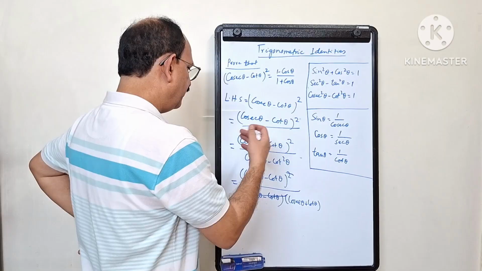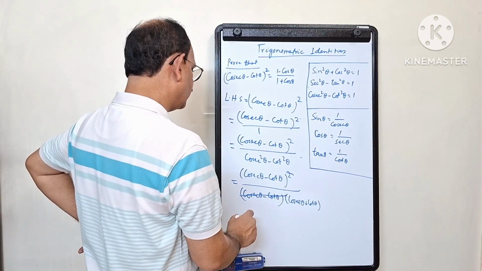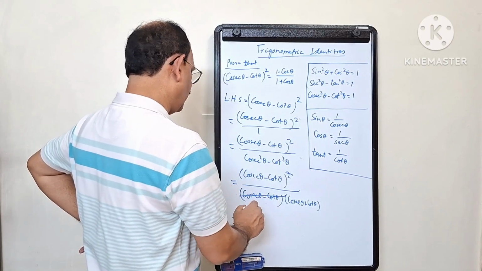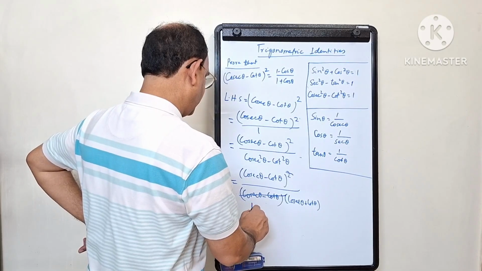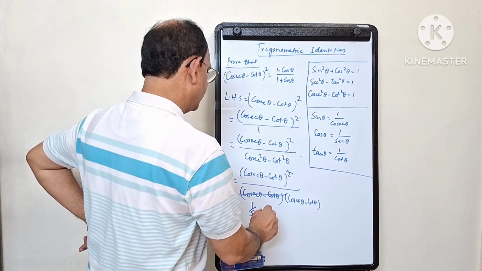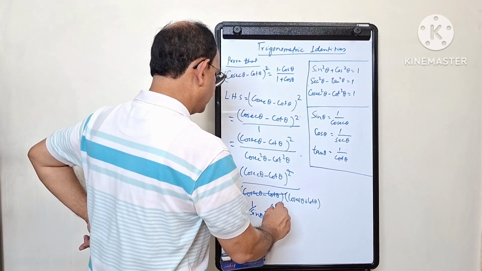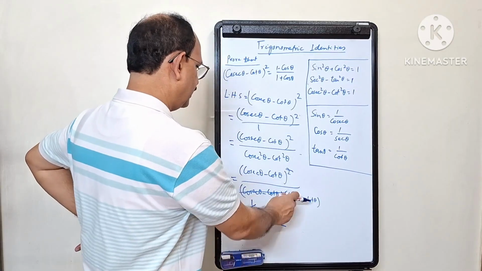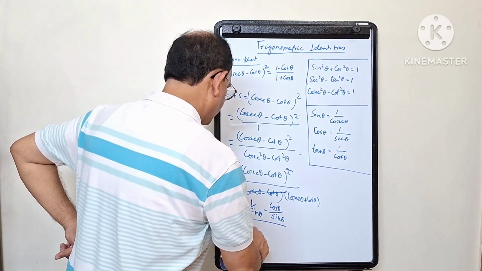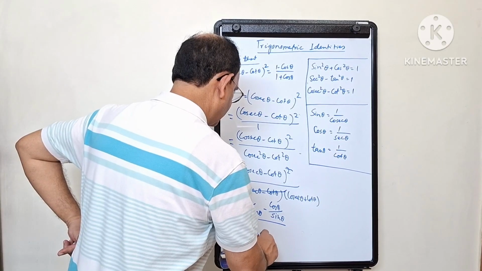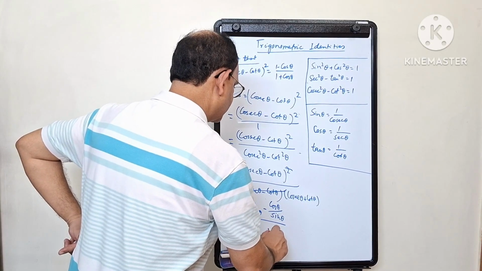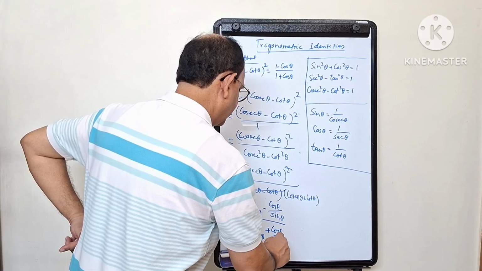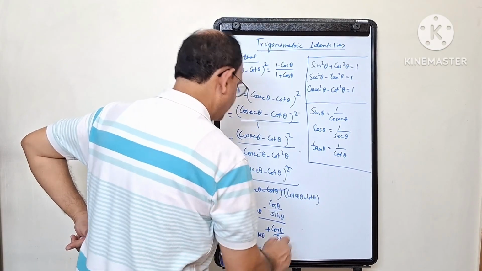If I convert now into sin theta and cos theta form, then it will be 1 by sin theta minus cos theta divided by sin theta. And in the denominator, I can write 1 upon sin theta plus cos theta by sin theta.